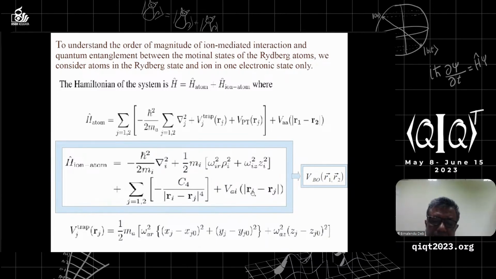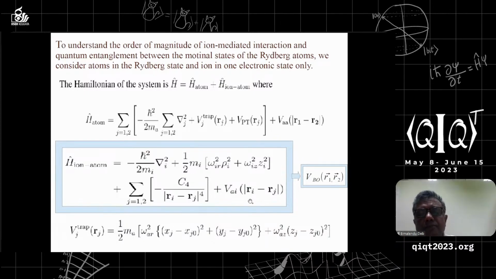We may have other kinds of atom-ion interactions, but we can neglect those for the time being. When we solve this Hamiltonian with the time-independent Schrodinger equation, we get what is called the Born-Oppenheimer approximation. We are considering atomic degrees of freedom, R1 and R2, which are very slow variables compared to the ionic degrees of freedom.